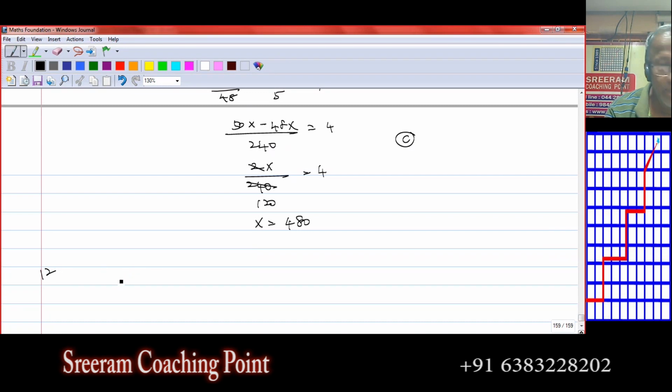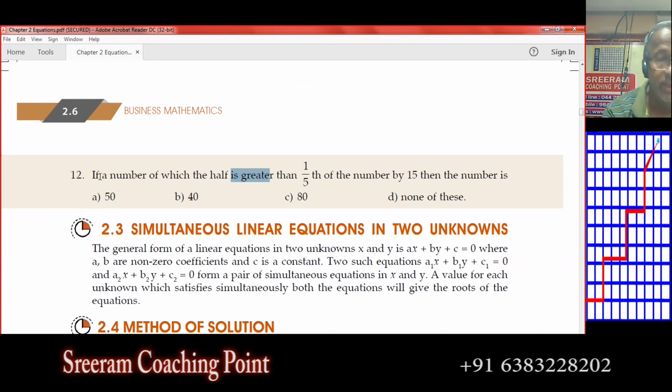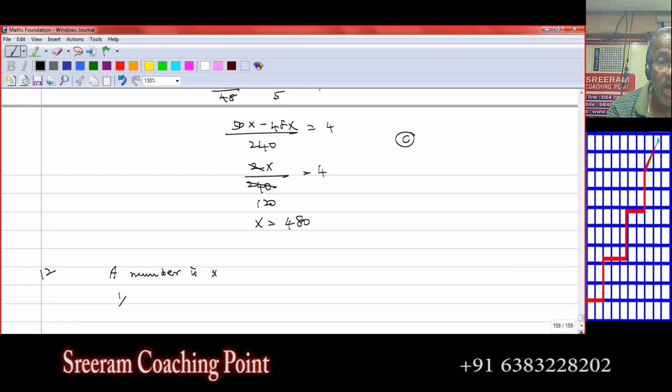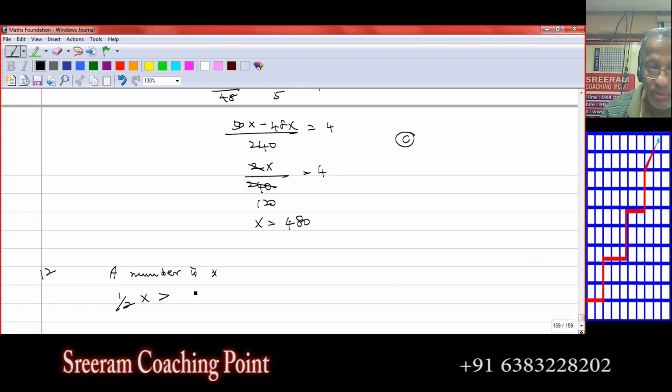A number is x. A number of which half is greater: half x is greater than 1/5 of the number.